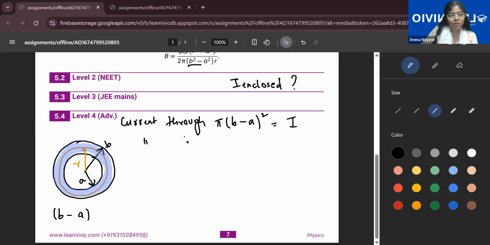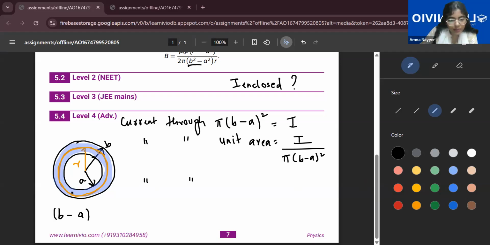So the current through unit area will be I divided by pi B minus A whole square. We have to find out through which area? Through the radius that we have fixed, the Ampere circuital loop. So through unit area, you can find out through pi R minus A whole square.